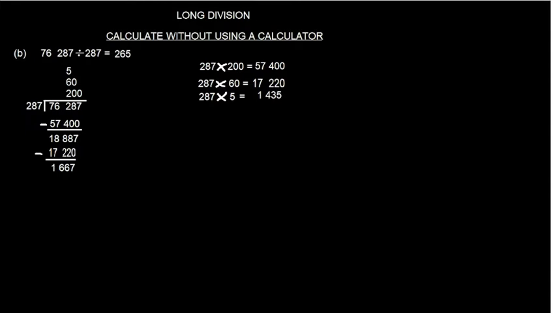Then the answer is equal to 1,435. I'm going to let 1,435 be negative. I'm going to subtract. Answer is equal to 232. Therefore, 232 is the remainder, or we can say 232 remains.